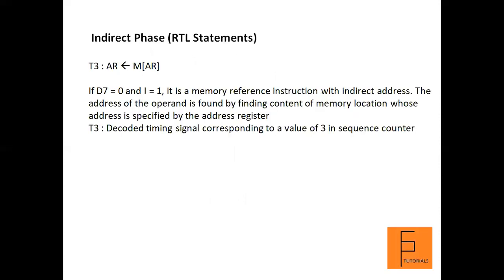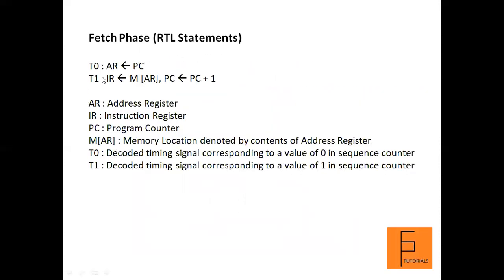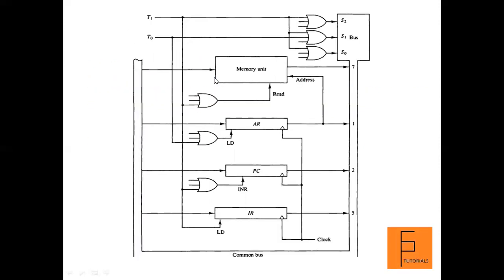What I'm trying to show you here are the steps involved in executing the micro instructions against T1. So the first thing that you need to do is enable the read input of memory. By enabling the read input of the memory, the content of the memory unit will now be available for reading.